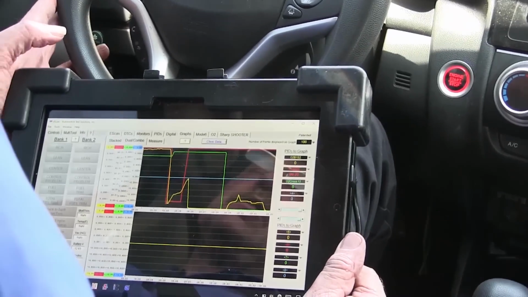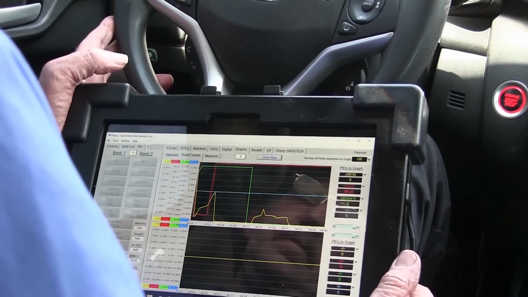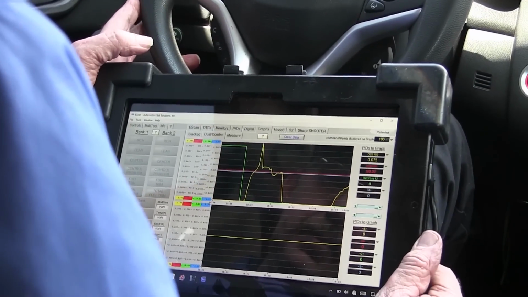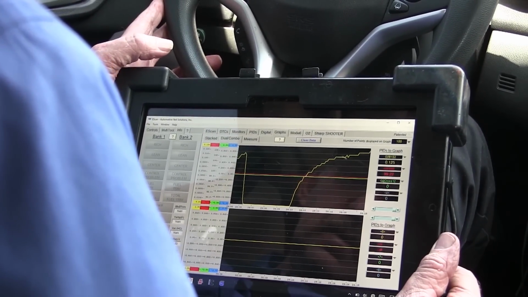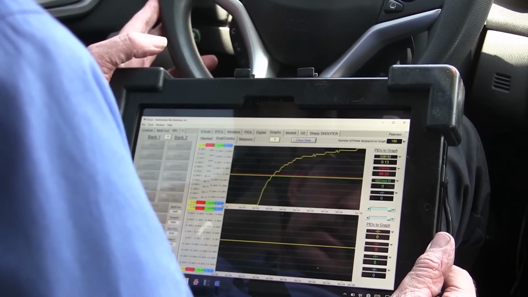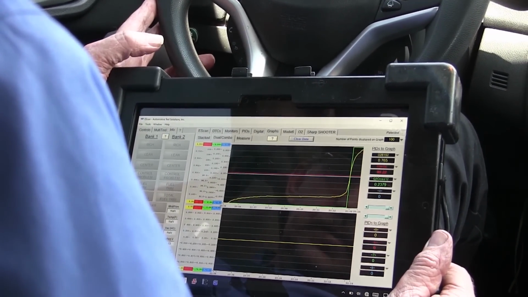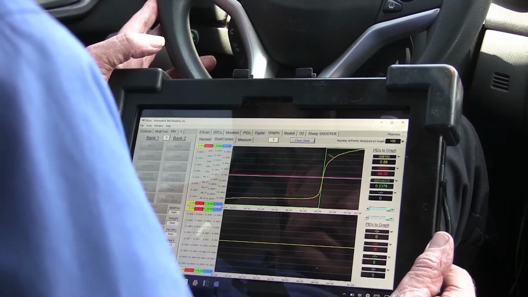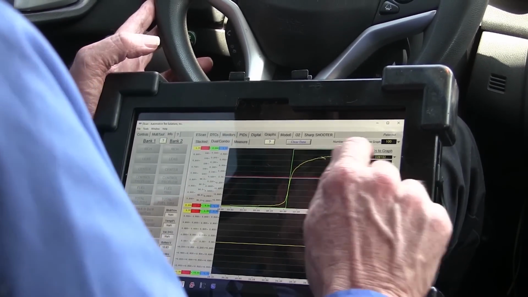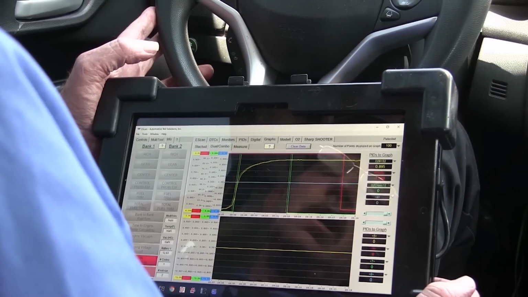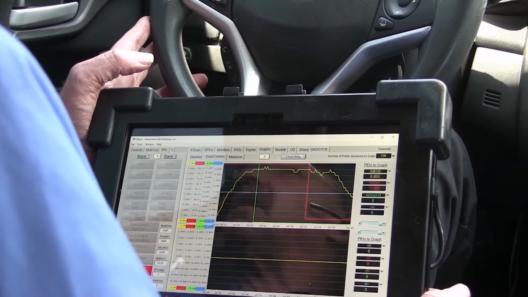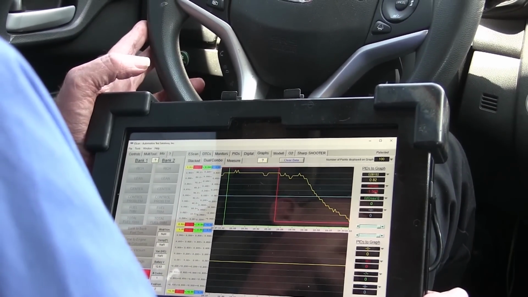Okay, so we can see it's moving there. So the rear O2 can definitely make voltage, as we're seeing. So the rear O2 is not stuck low. I just wanted to double check that rear O2 because I have had a Honda have that problem.